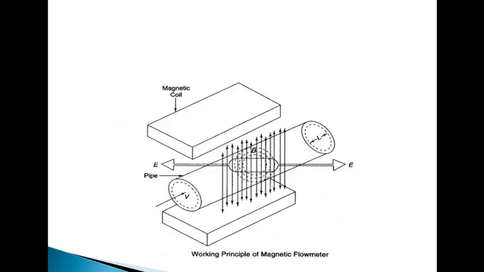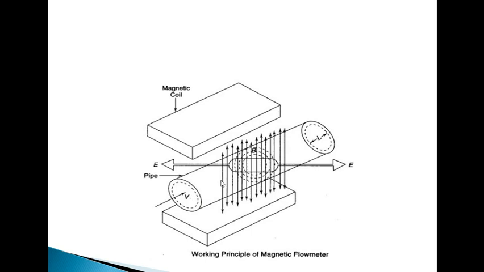This is the general diagram which represents how a flow transducer or flow meter works. It consists of an electrically insulated, or non-conductive, pipe, for example fiber glass.